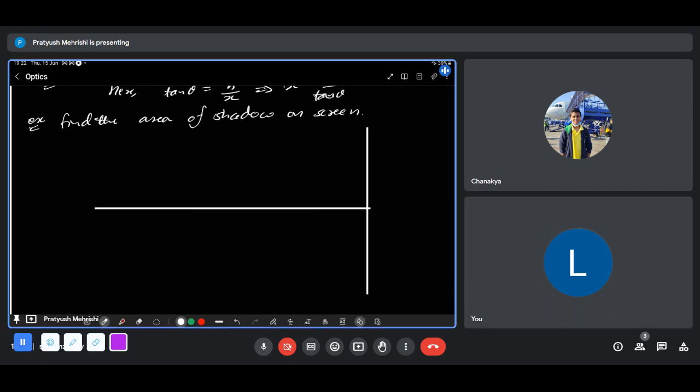This is the screen, and this is the obstacle. Obstacle is in the shape of a disc.